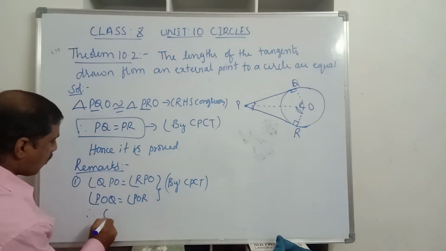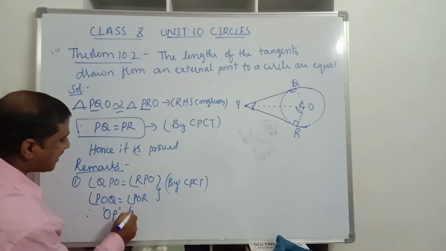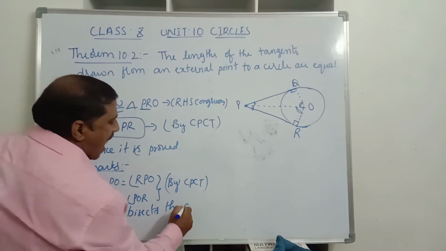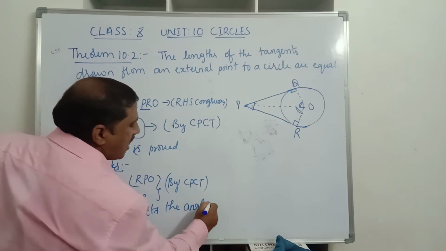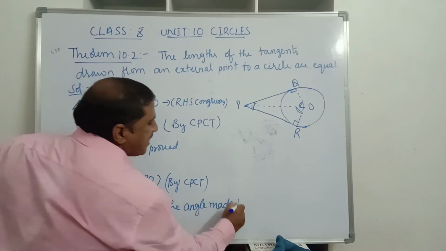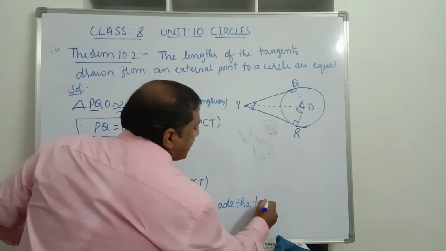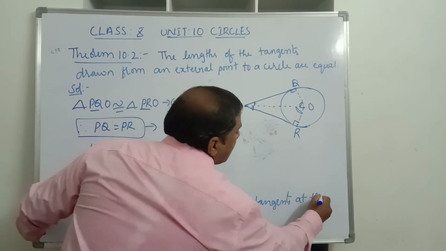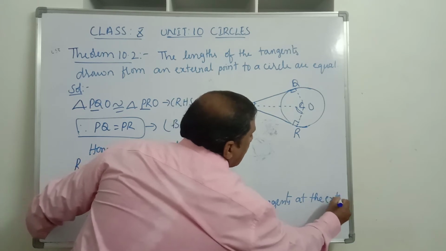Therefore, OP or PO bisects the angle made by the tangents at the external point.